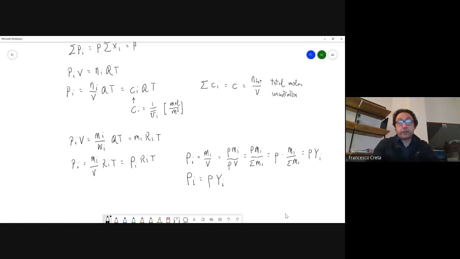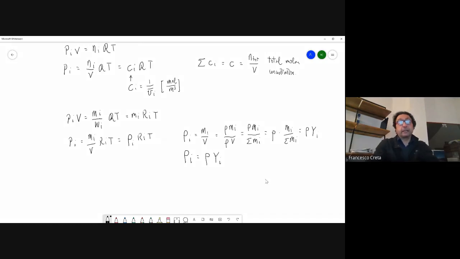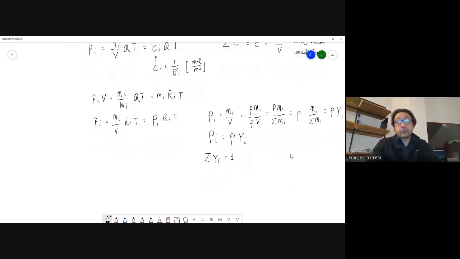You can prove very easily that, just like with mole fractions, the sum of all the mass fractions is equal to 1. And you can also relate mass and mole fractions.